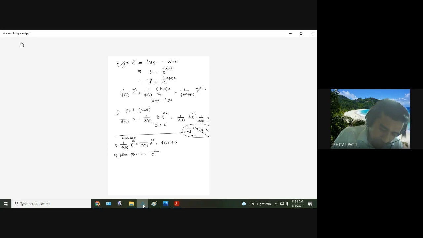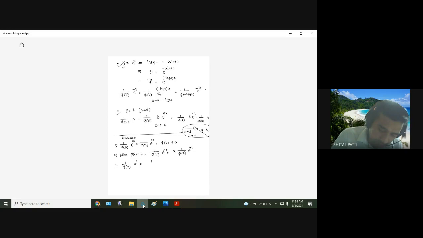So 1 upon phi of d operated on e raised to x. What do we have to do? Write x, then 1 upon phi dash of d, e raised to x. Getting? Right? Now third formula, 1 upon phi of d operated on a raised to x.